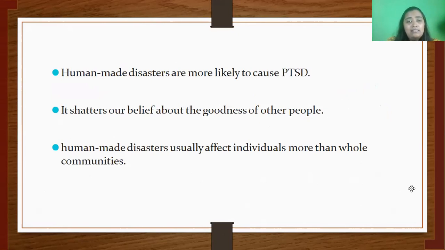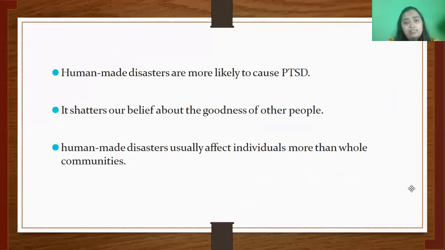And when there is a human-made disaster, that belief that we have in the goodness of people is being shattered right in front of us, and it is causing more trauma within us. Human-made disasters affect people individually, maybe not as a community, unlike a natural disaster where a whole lot of communities would be affected.